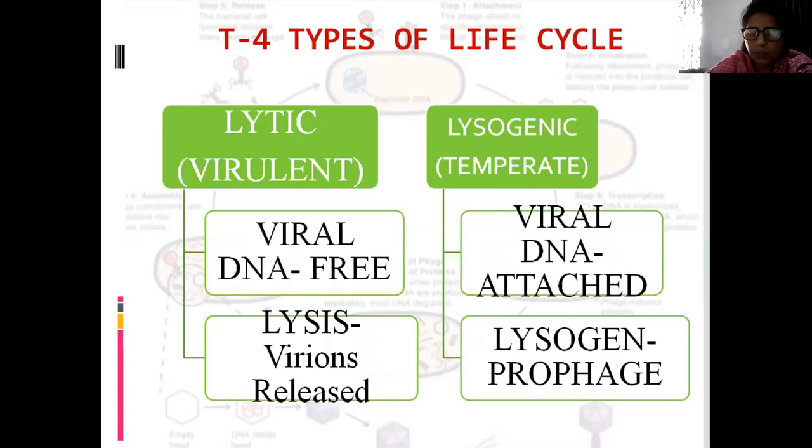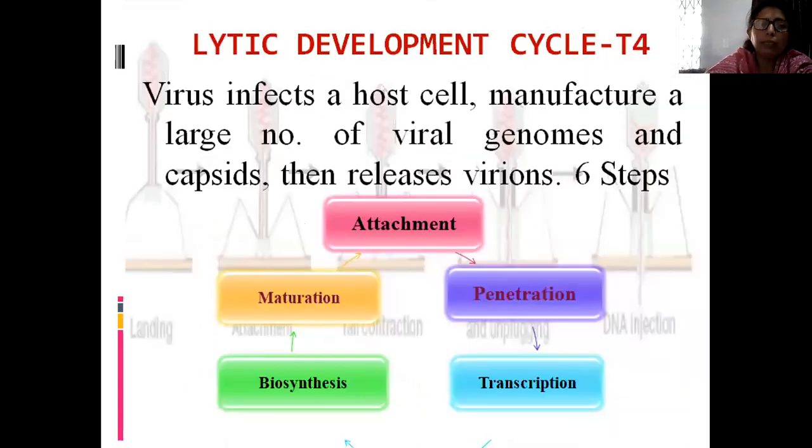Today, we will be discussing in detail the lytic cycle or the virulent life cycle of the T4 bacteriophage. The lytic development cycle of T4 phage says that the virus infects a host cell or a bacteria, stops the machinery of the host cell inside, and manufactures a large number of viral genomes and capsids, then releases the virions and kills the host cell.